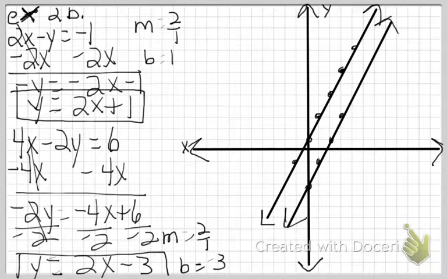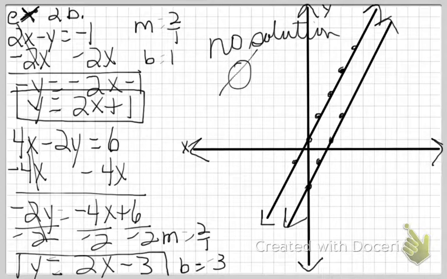So 2 parallel lines never cross, therefore the answer is no solution. Or we could just simply say 0 with a slash through it. That means no solution.